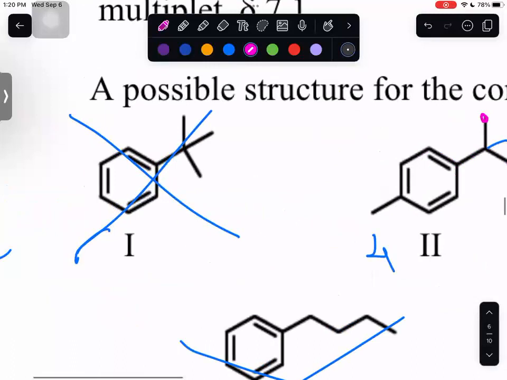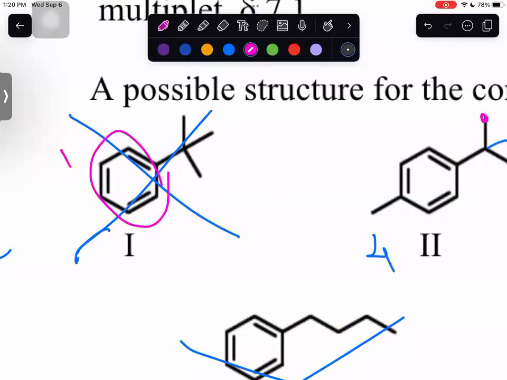Because all of the hydrogens in that benzene group are the same, and the only other hydrogens we have are in those 3 methyl groups. Because they are single bonds, they're constantly rotating, so they're exposed to the same exact environment. There's no middle hydrogen.